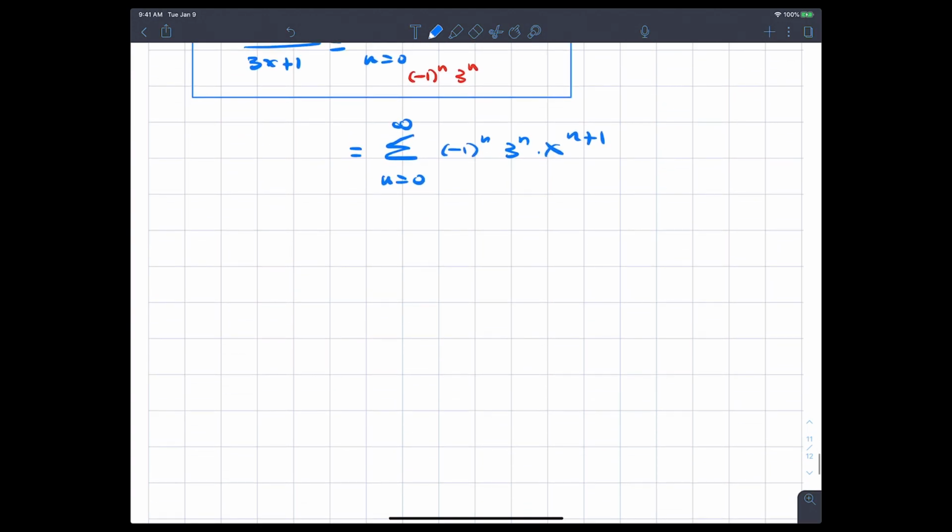It's not a problem. And then you might say, but they changed the index. They're going to let i be n plus 1, which means n becomes i minus 1 by some algebra. So you can see here that the series is negative 1 to the i minus 1, 3 to the i minus 1, x to the i.